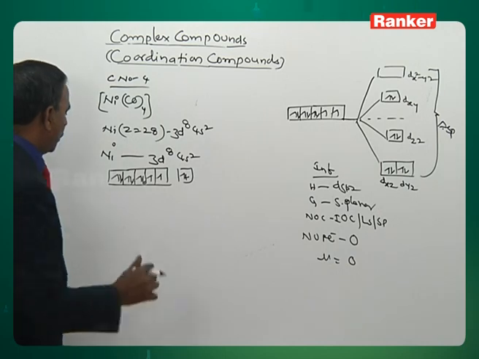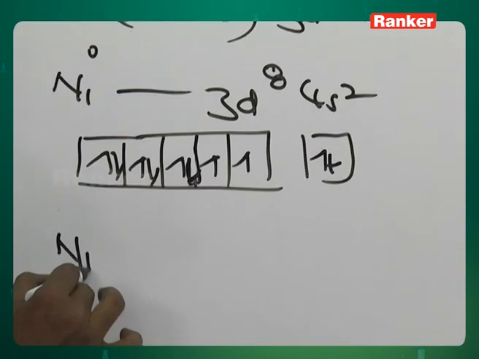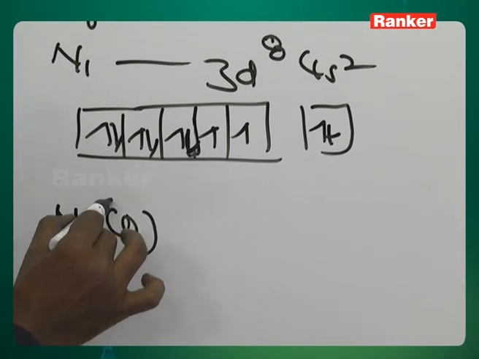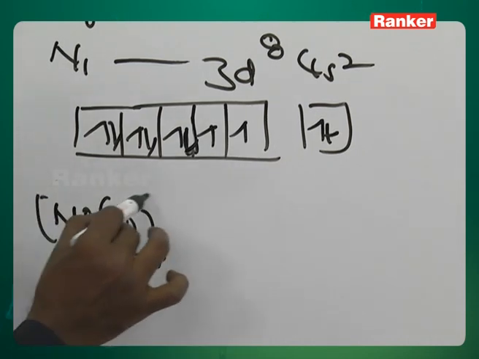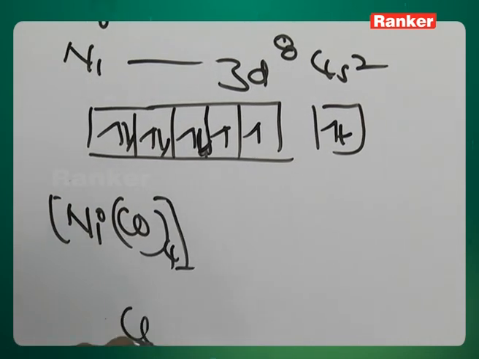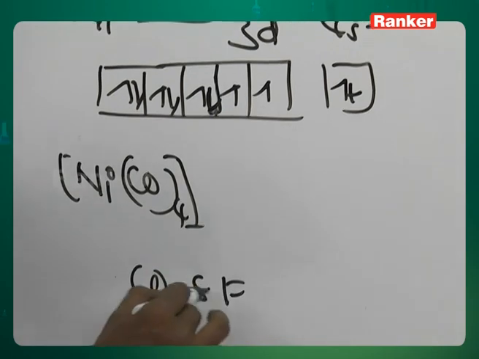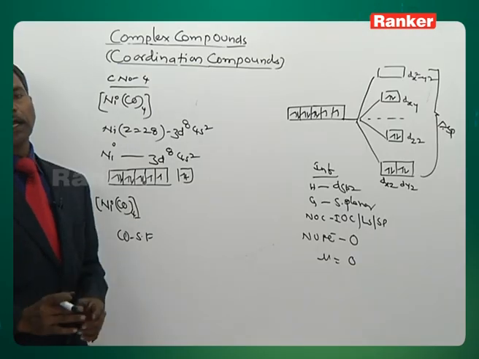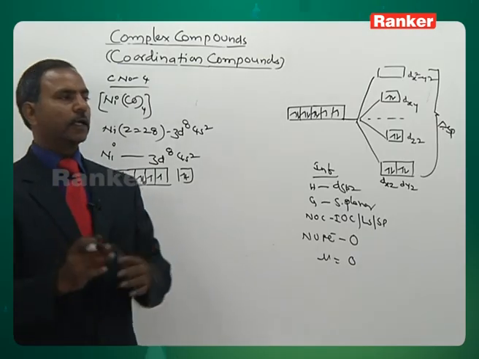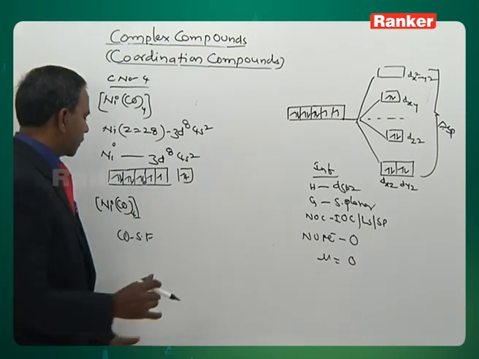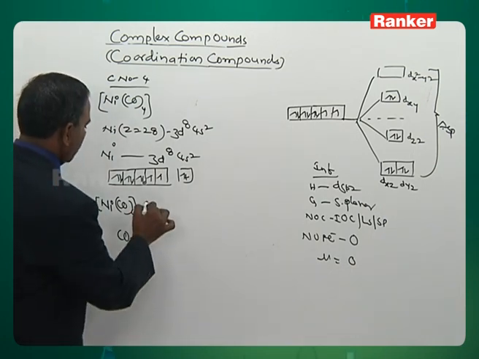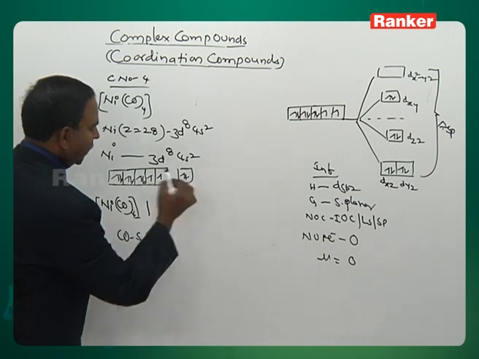Then for this particular CO, let me write the first complex, nickel tetracarbonyl. It is well known to you, we already took that CO is actually a strong field ligand. Wherever a strong field ligand is there, the electrons have to get paired. Now for the pairing of electrons, consider that the s electrons are also shifted to d.